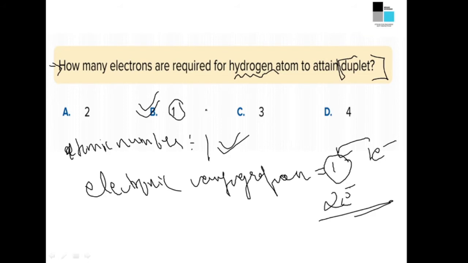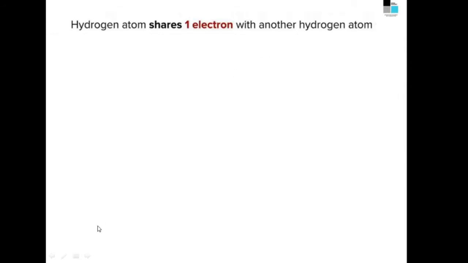So it requires one more electron, and totally it will get 2 electrons, so we can say it is stable. To become stable and attain a duplet, this hydrogen atom would share its one electron with another hydrogen atom. Let's take two hydrogens like this.